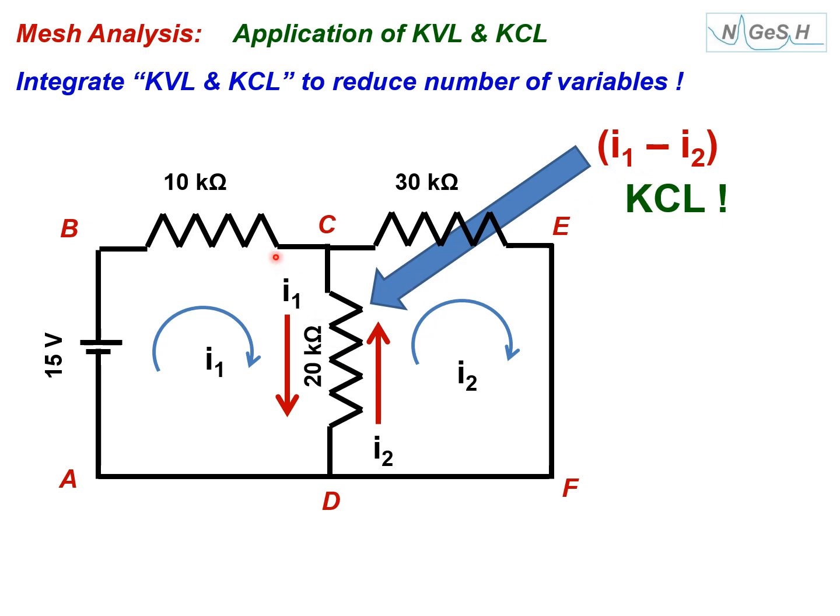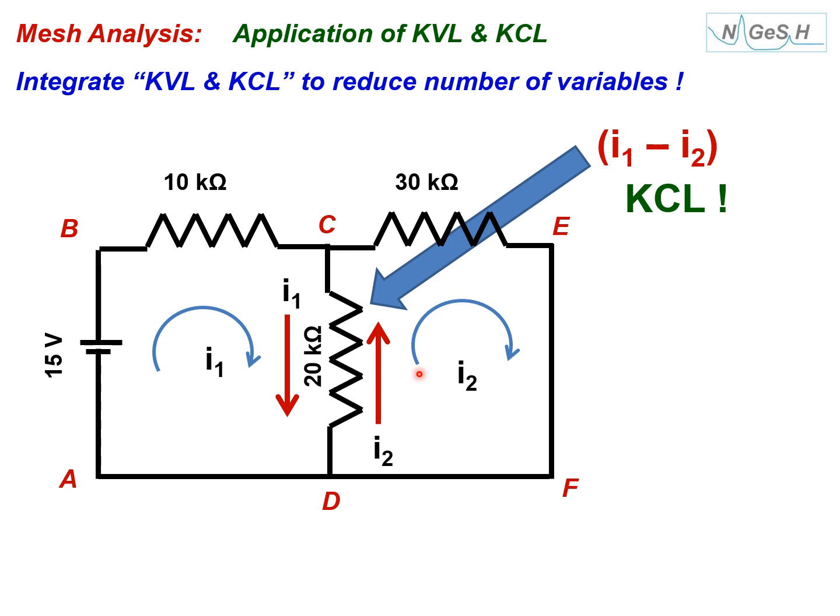Instead of having three variables, we say I1, I2, and another variable is not necessary, because it is actually I1 minus I2. So we have reduced one variable by applying this. This is in the beginning for you to understand. Later on you will do it automatically. You don't have to remember all these things.